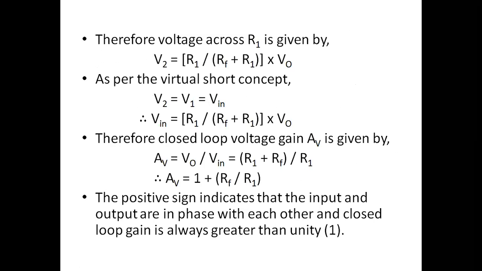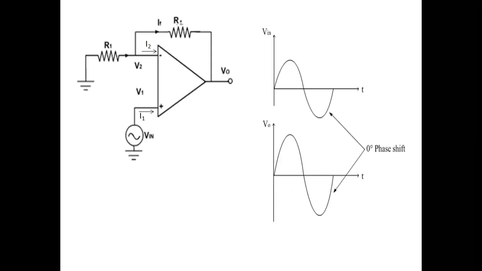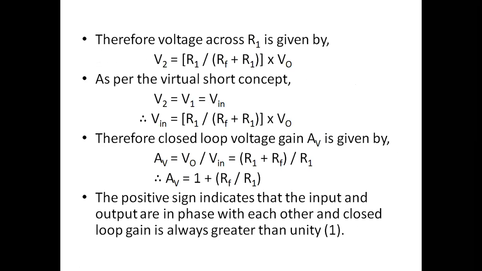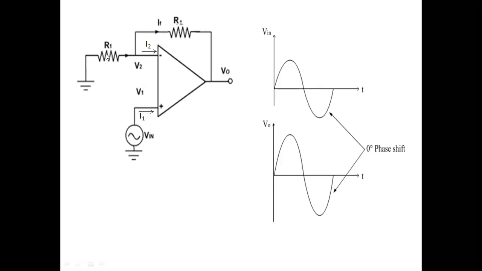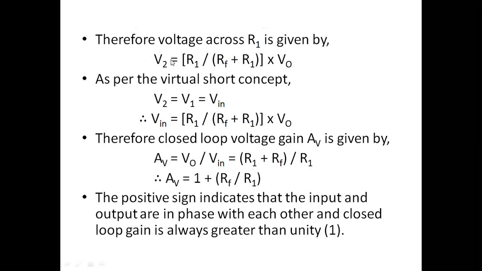So here we will have the value of the voltage across R1. How can we find the voltage across R1? We can find it according to the voltage divider rule, because R2 is connected in parallel with R1. So you will get R1 upon R1 plus Rf into the total voltage. We can take the total voltage to be the output voltage, VO.